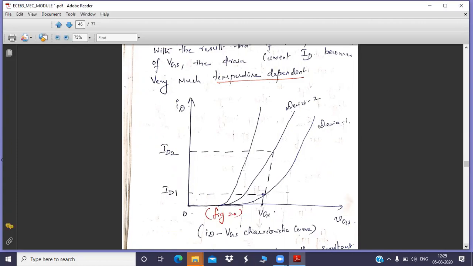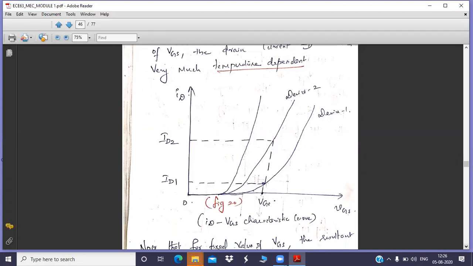So after a particular time, you can't claim that your Q point is still in saturation. It may go deeper into the triode region. So it's not necessary that amplification will take place faithfully, and linear amplification cannot be ensured. To ensure proper linear amplification, your Q point should be stable at a particular point. That point should lie in the saturation region if it is a MOSFET.